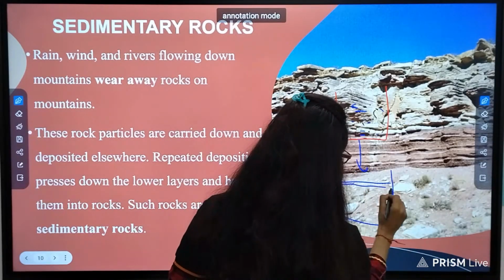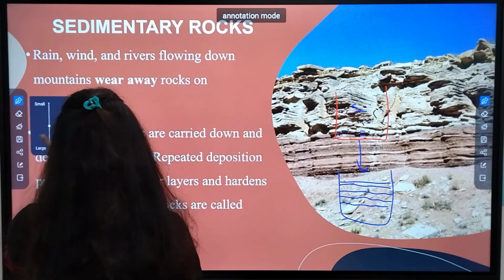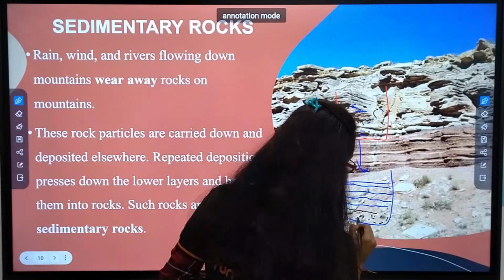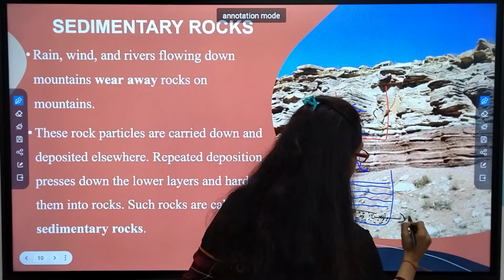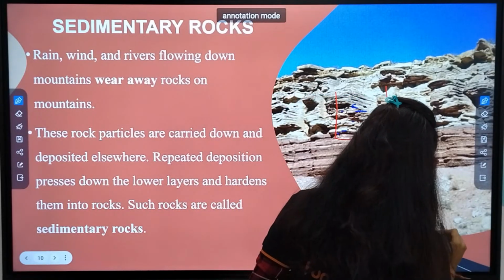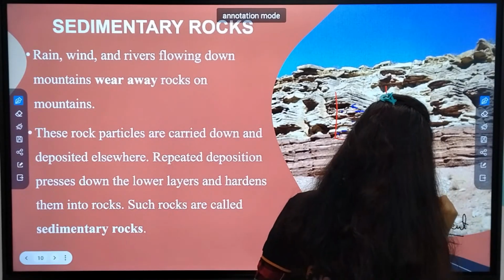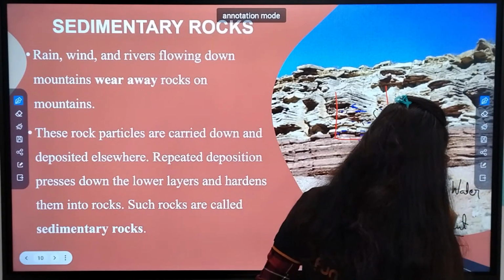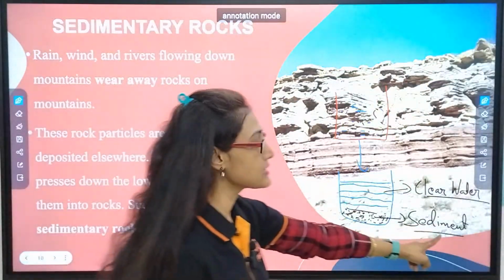The water will be separated and the sand will settle down at the bottom of the beaker because sand particles are heavier than water. This is the sand or sediment, and this is the clear water, right?